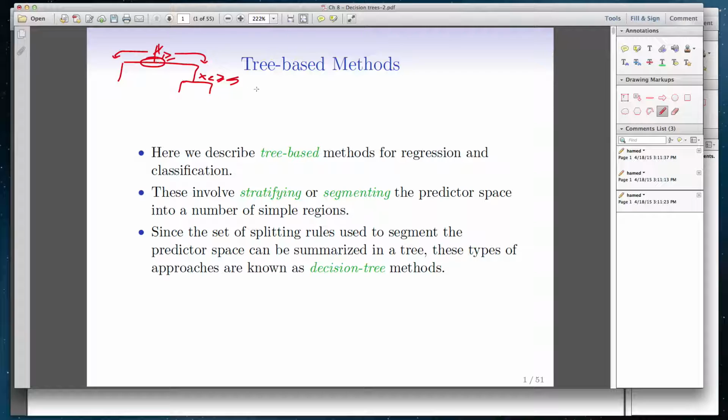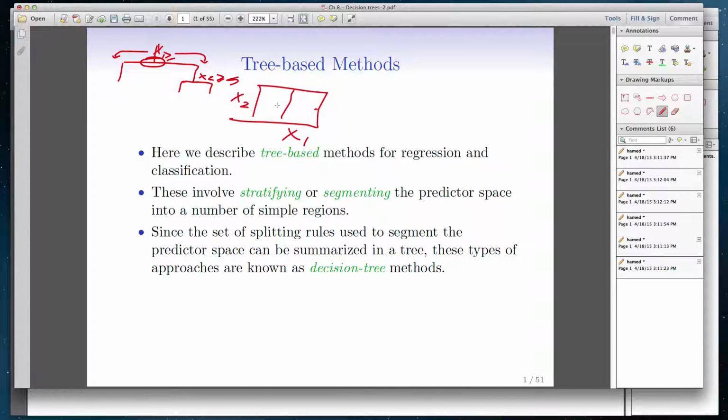In this very simple example, if I call this space x1 and this vector x2, we are trying to find regions like something like this that separate our space into three different subspaces.